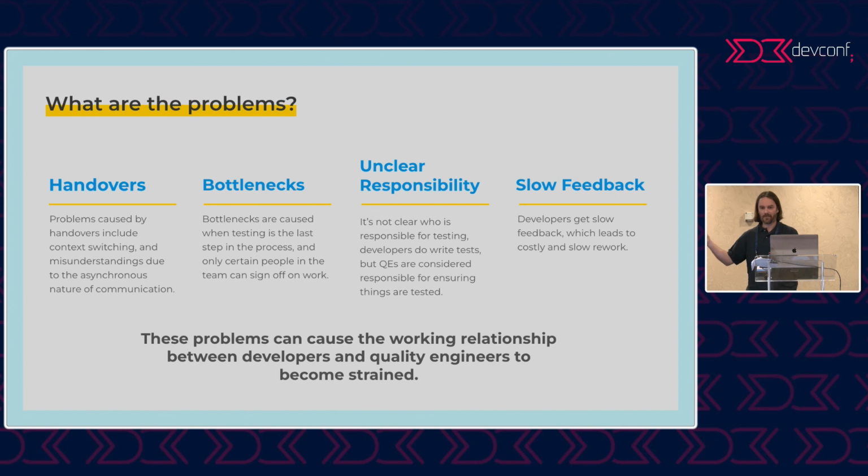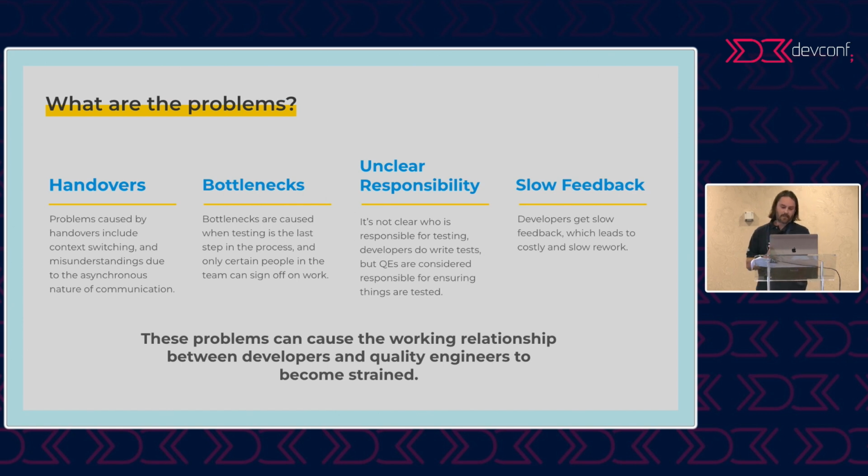But now the issues being found in the testing mean that you have to context switch back and forth between this item that you've just started working on and the item that you're trying to actually get delivered. And so, context switching and asynchronous communication often happens, where you've got Slack messages between developers and quality engineers and comments on Jira tickets, and it just creates all kinds of problems and misunderstandings.